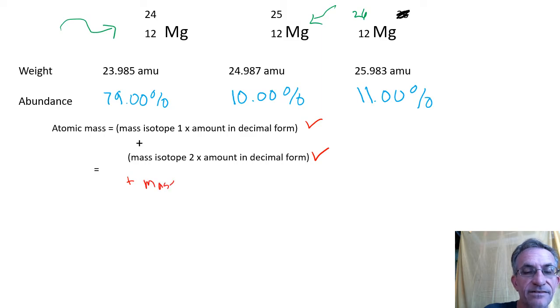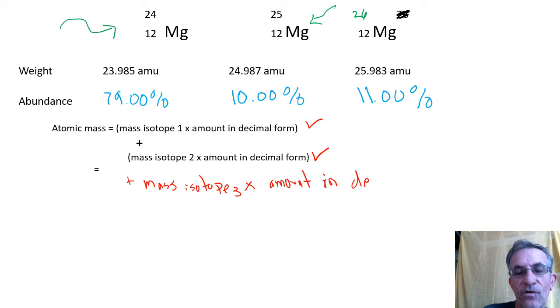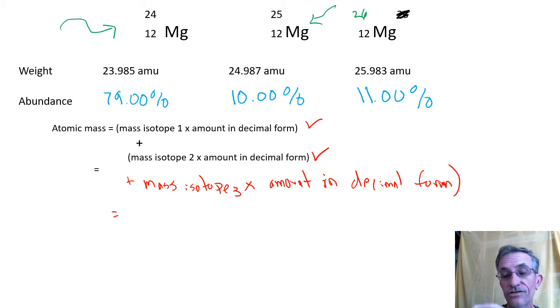It'll be the mass of isotope 3 times its amount as a decimal number. If there were 4 of them, you'd keep on doing this 4 times or 5 times or however many isotopes there are, and then you would add to get your total.